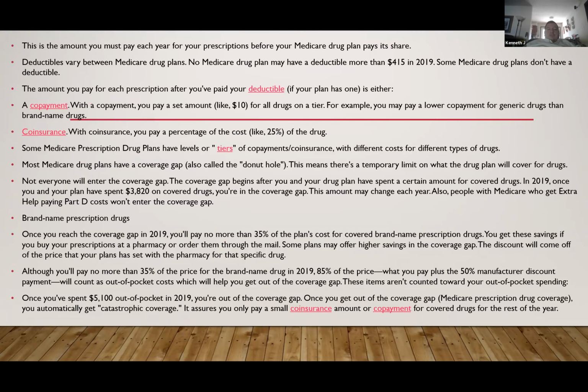But some things that we want to look at is if you're in the coverage gap, you have spent $3,820 to enter the coverage gap. You'll pay a little bit more for your drug costs at this point. Once you reach $5,100, you come out of the coverage gap and you go into catastrophic coverage where you pay a lot less for your drug cost.